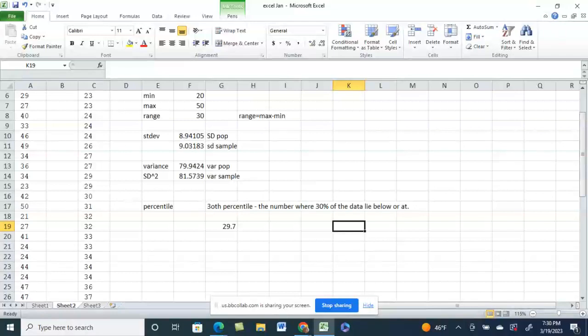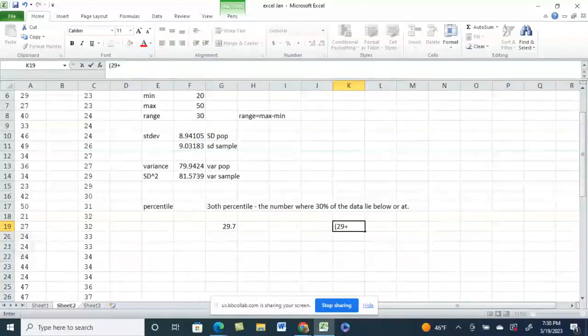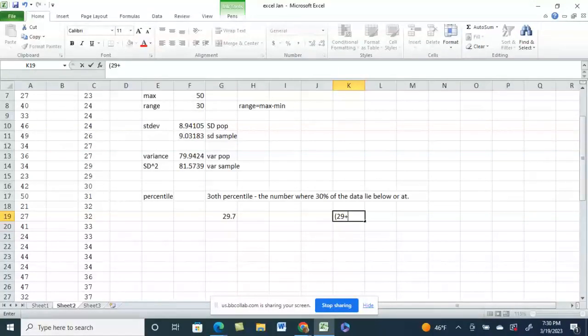I'm going to take 29 and average it with the number in position 16. The number in position 16 is 30. So I'm going to average 29 and 30. Well, you know what that is without really doing the math, 29 and a half, but 29 plus 30 divided by 2. So that's 29 and a half.